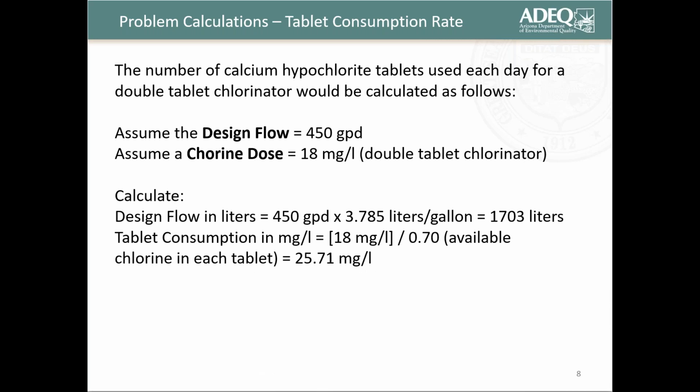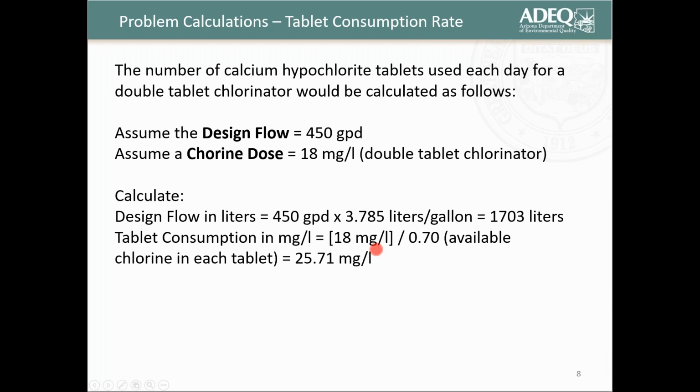Then we're going to calculate this in metric. So again, 450 gallons per day, we're going to convert that to liters, 1,703 liters.